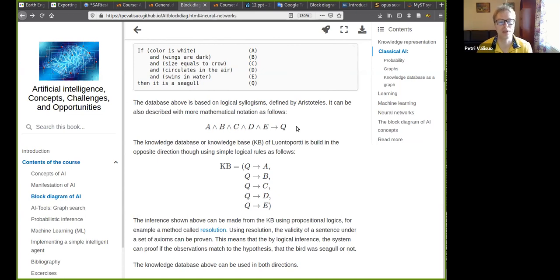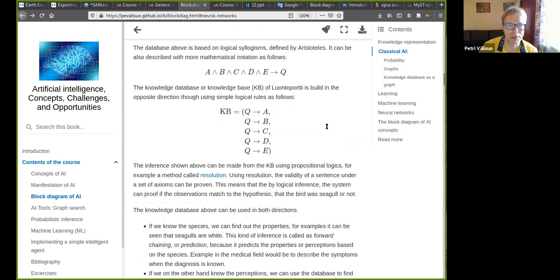And it is by no means any sort of general intelligence. It's only a very narrow application area, only a search engine for birds. And still it is hard work to do. So then could this encoding of information into the information system be somehow automated? That's something we can discuss a little bit later.